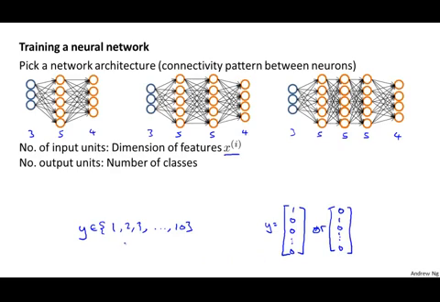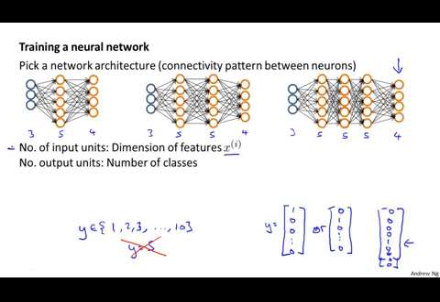So if one of your examples takes on the 5th class, y equals 5, then what you're showing to your neural network is not actually a value of y equals 5. Instead, at the output layer, which would have 10 output units, you would feed it a vector with a 1 in the 5th position, and then a bunch of zeros.